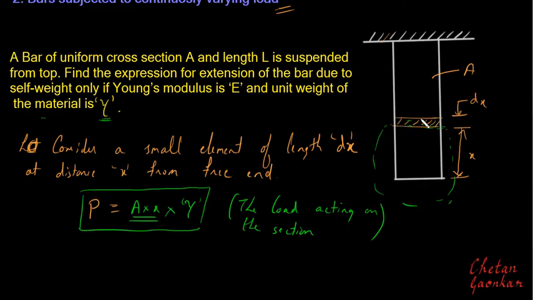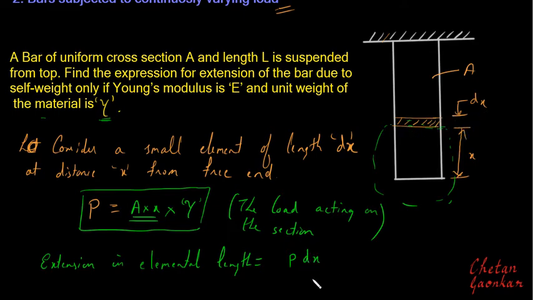So the extension in the elemental length will be PL by AE. L for this element is dx.